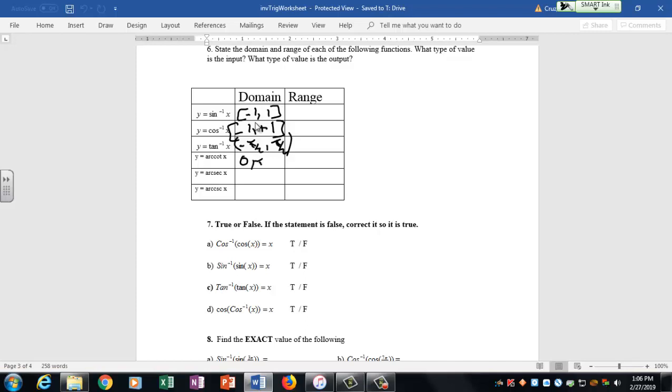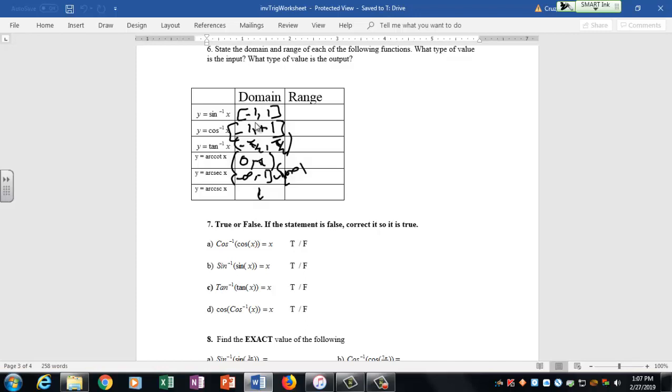Cotangent is 0 to pi. That's parentheses. Arc secant is negative infinity to negative 1, union 1 to infinity, and that's the same thing as arc cosecant.